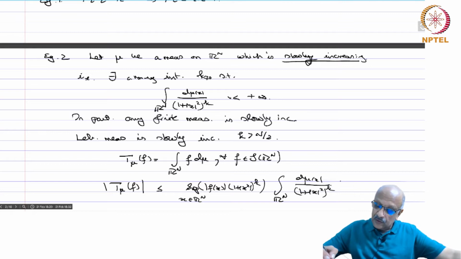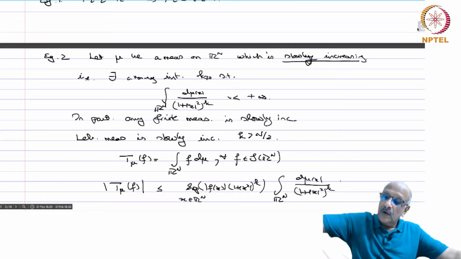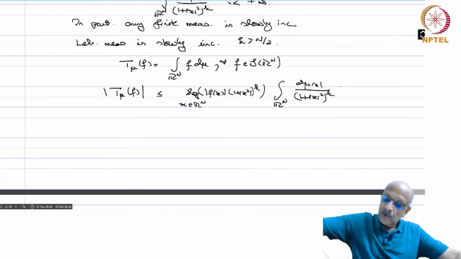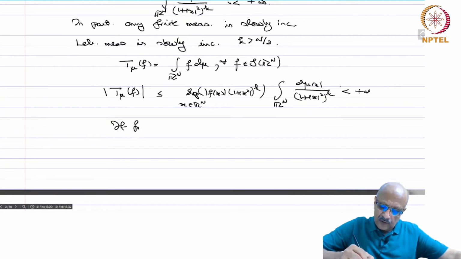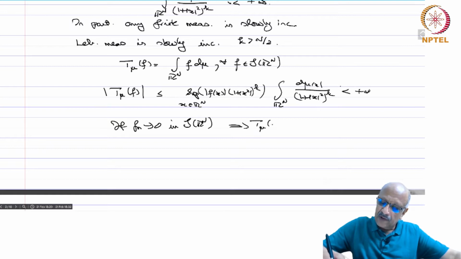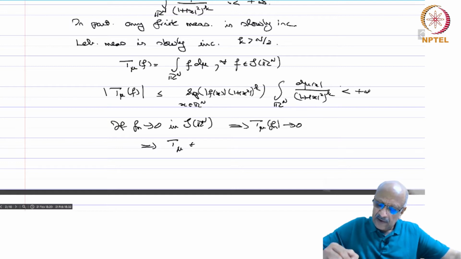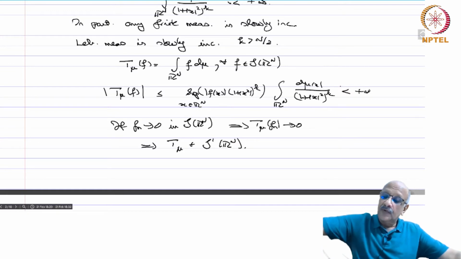Also it shows that if fn goes to 0 in S of Rn, this will go to 0. This implies that T mu of fn goes to 0. So this implies that T mu belongs to S prime of Rn. So any measure which is slowly increasing produces a tempered distribution.